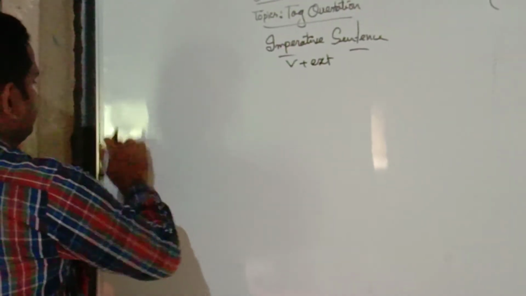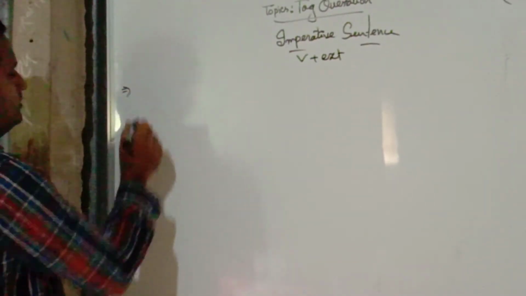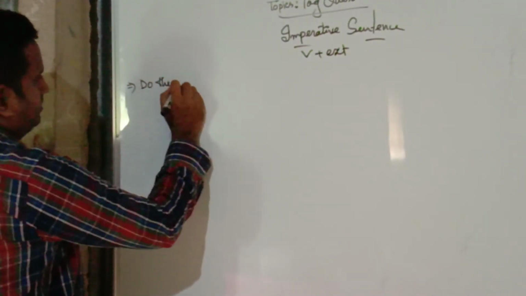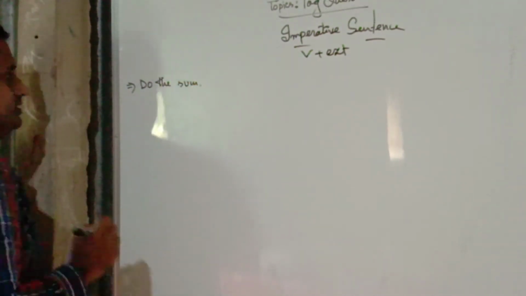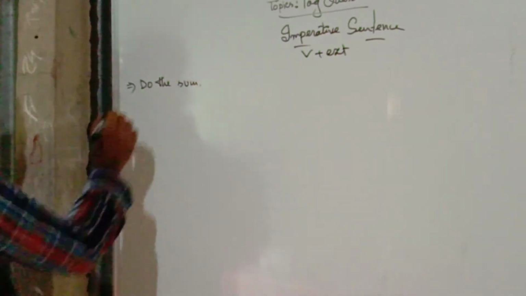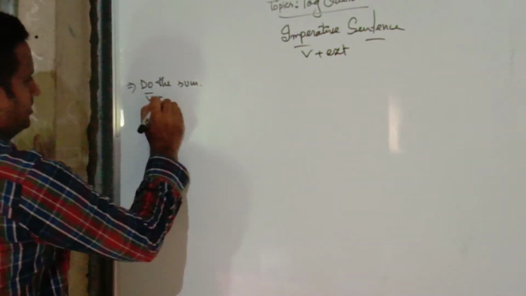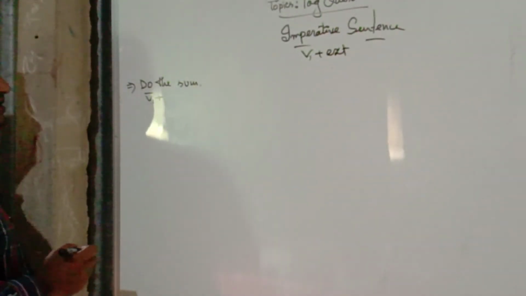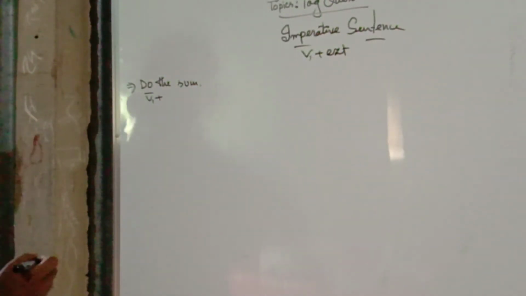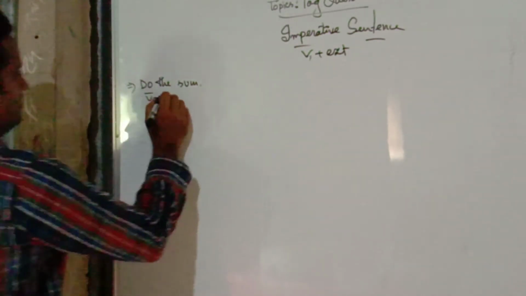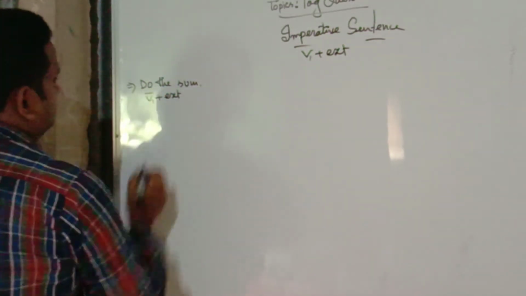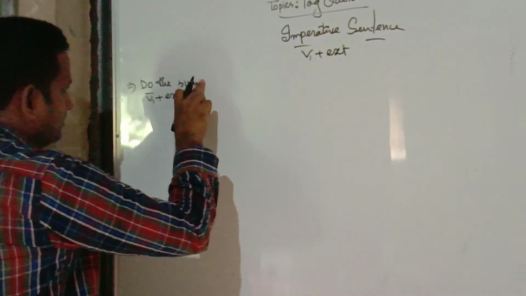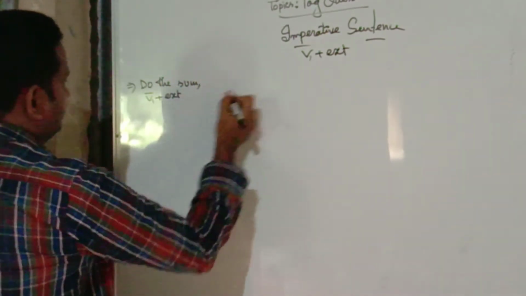So, do the sum. This is the question. Do the sum. There is no subject. That is verb and V1. Actually, an imperative sentence always carries the present form of verb plus extension or object, and then we will remove the full stop and then a comma.